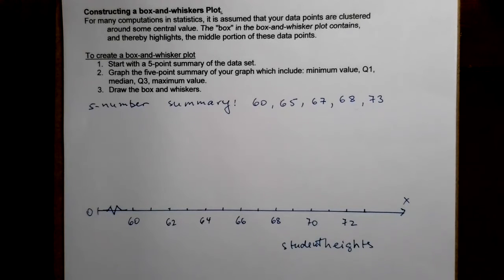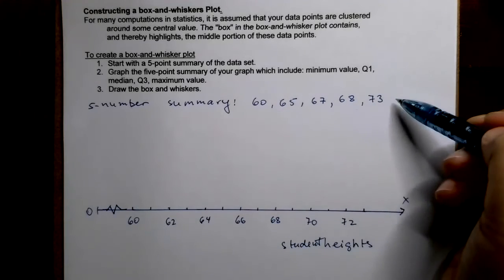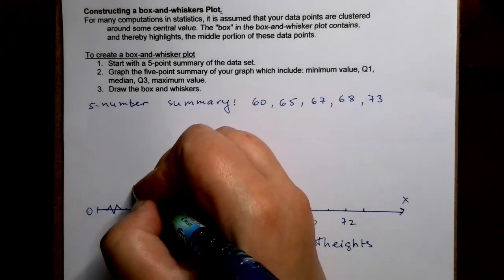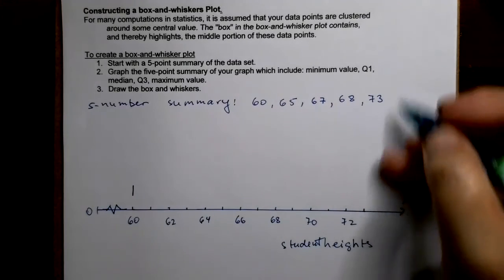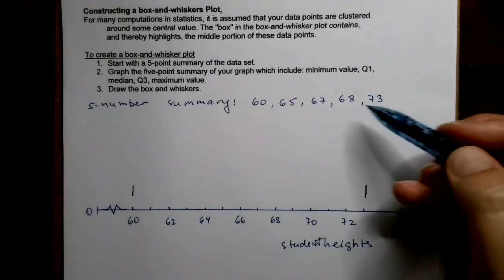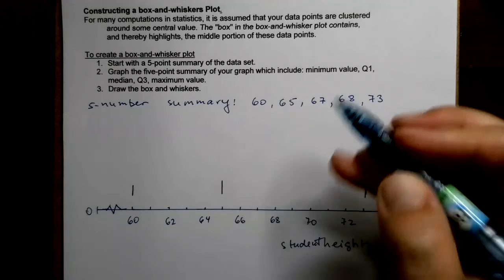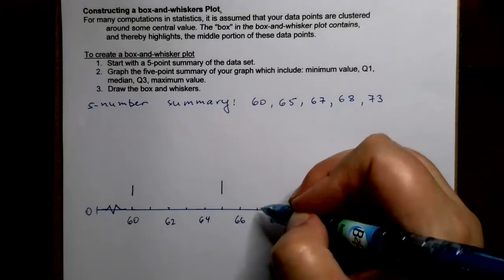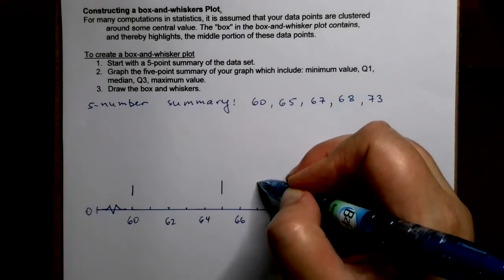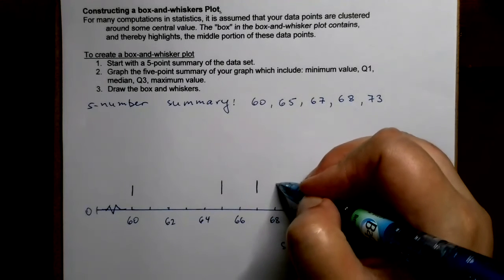Okay, so what you do is you draw a line above each one of those numbers. So 60 and 73, minimum and maximum value. And then 65 is another one, 67, 68.